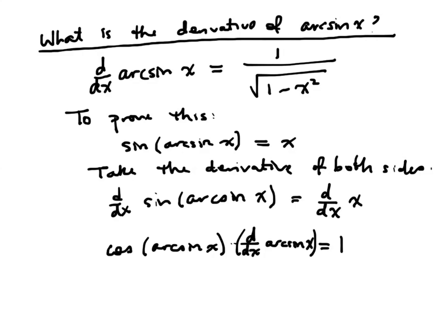And now we're just solving for the derivative of arcsine of x. So we'll divide both sides by cosine of arcsine of x. I know it looks maybe like cosine and arcsine of x are two different things, but that's one unit right there, cosine of arcsine of x. They go together.